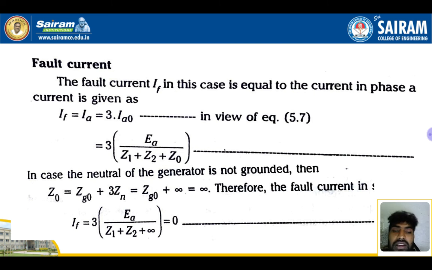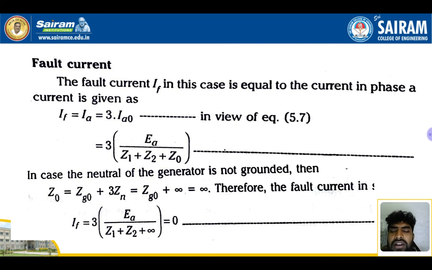Just remember earthing. Why do we do earthing? For safety purposes, right? If you touch the body of the equipment, you will not get a shock; that is equipment safety. Single phasing also occurs sometimes. If we are using three lines and another wire touches the ground, single phasing occurs, and the appliances or equipment will not get proper voltage or current. That's why it is called a fault current.